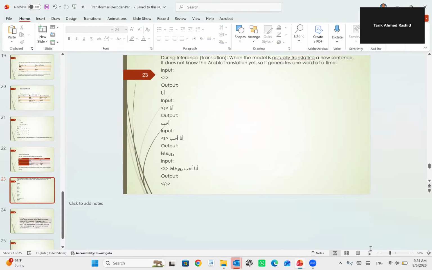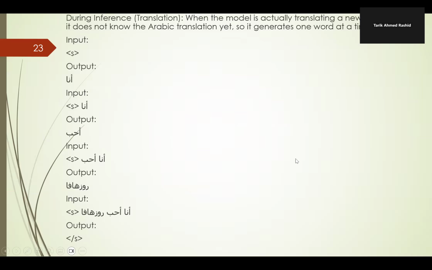For example, when we put the S token, it will predict Ana. The next input will be S plus Ana, and then we will get Ahab. Then we add the predicted token Ahab to the input, so it will be S token, Ana, Ahab. Then we will have Rojava, and then we will predict the end token.